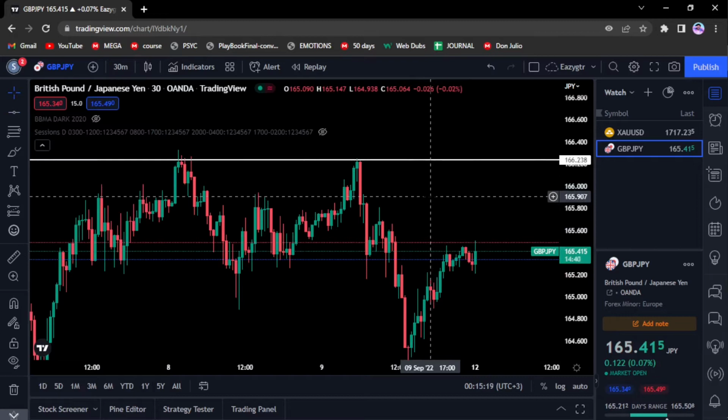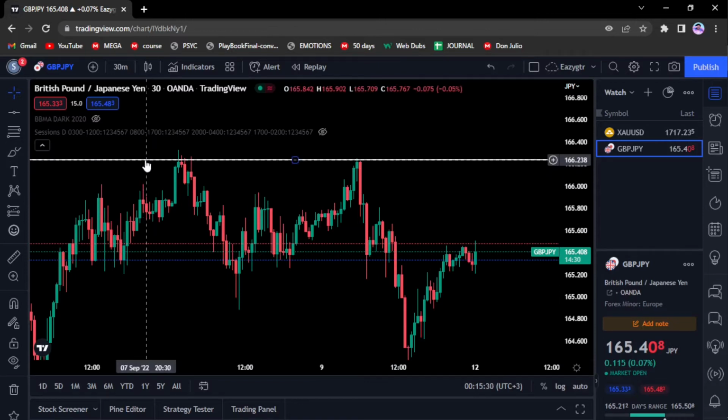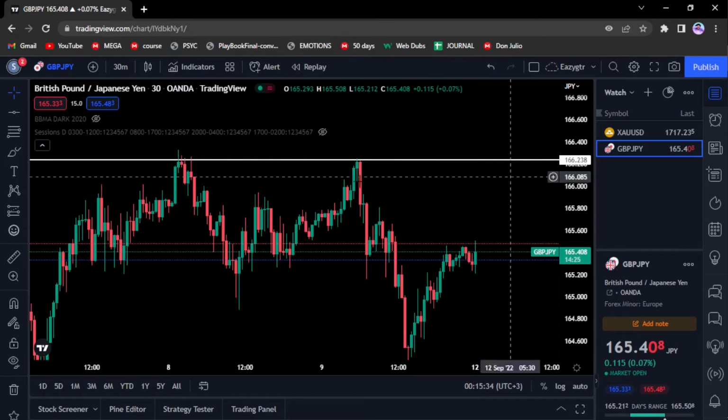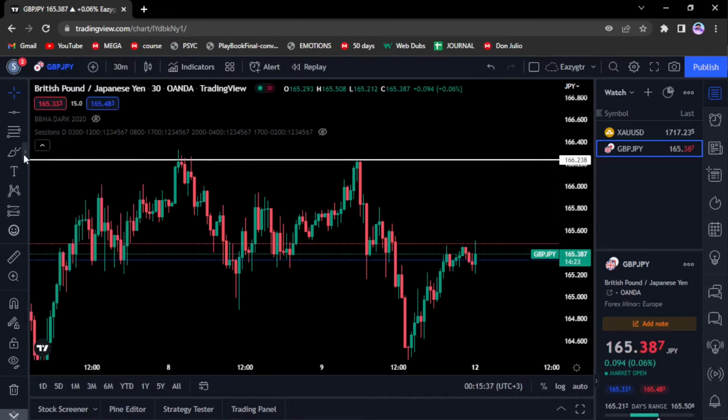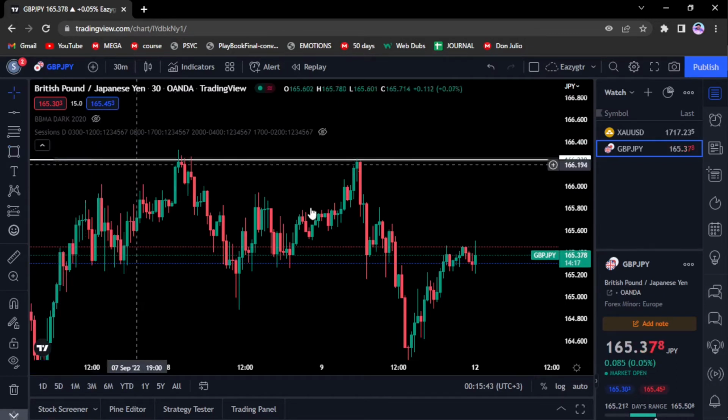So remember, support and resistance or supply and demand are zones and not a specific price. So when you have your line out like this, it does not necessarily mean that this is your support exactly, 166.238. That's why I supplement my lines with a zone.